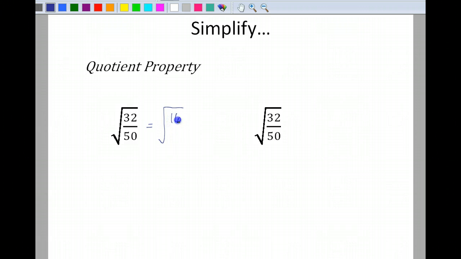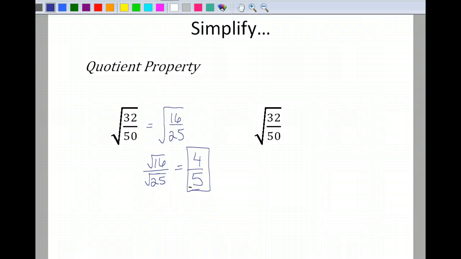The square root of 16 over 25. This one's already looking better. Oh, what's the square root of 16 over the square root of 25? The square root of 16 is going to give me 4. The square root of 25 gives me 5, so 4/5 is my final answer.